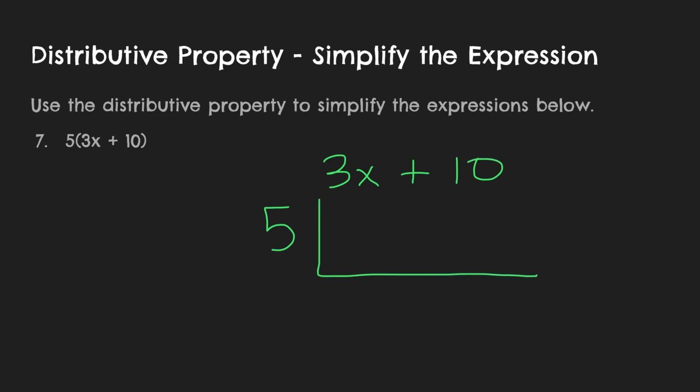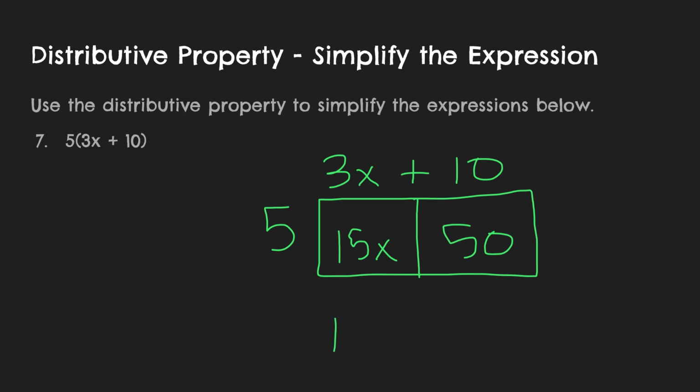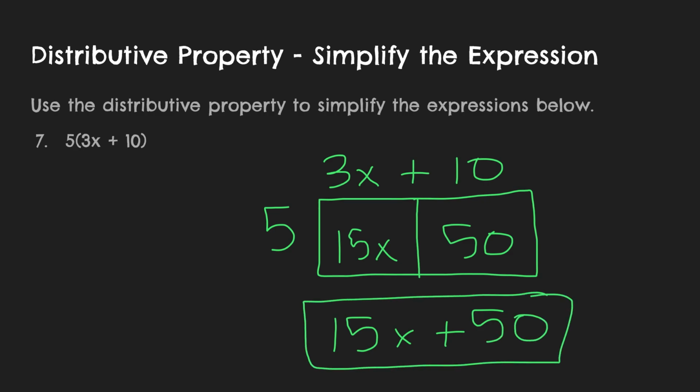Draw my little rectangle. Wherever there's a sign, I'm going to draw a line. 5 times 3x is 15x. 5 times 10 is 50. So my simplest form would have been 15x plus 50. This is what we want to get to.